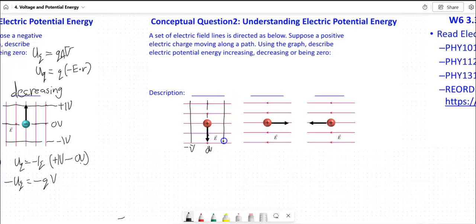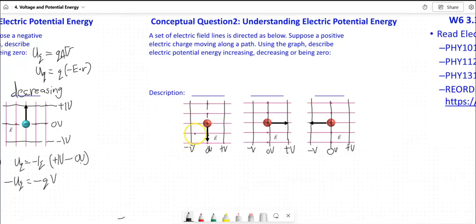And this will be positive voltage, right? And I'll just mark these other ones up. Negative voltage, 0, and positive voltage. Here is negative voltage. This is 0 voltage. And this is positive voltage, right?